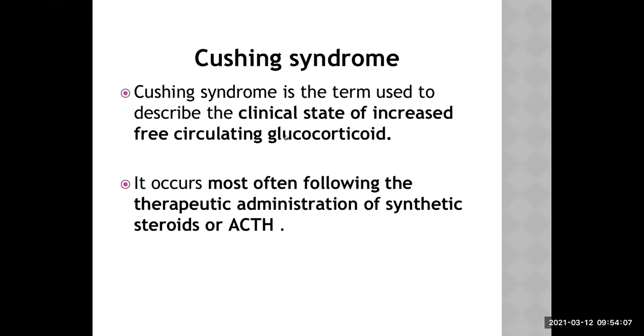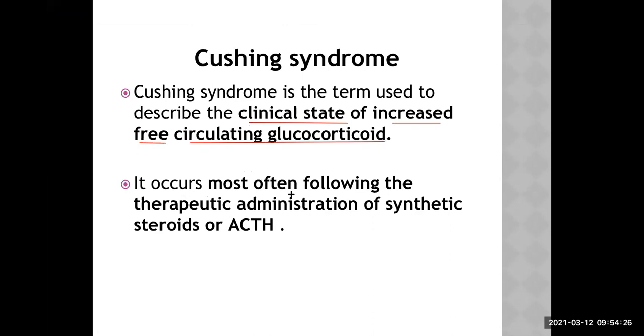So what is this? See here, it is a clinical state of increased free circulating glucocorticoid. There is excessive amount of glucocorticoid or cortisol inside the body in case of Cushing syndrome.